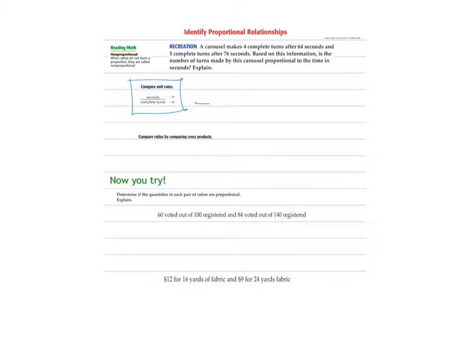Okay, so the first way we're going to try this is look at the unit rates. I'm going to put my turns on the bottom. So I have 4 complete turns and 64 seconds. And my other rate is 76 seconds over 5 complete turns. So I'm going to find the unit rate. 4 divided by 4 is 1, and 64 divided by 4 is 16.